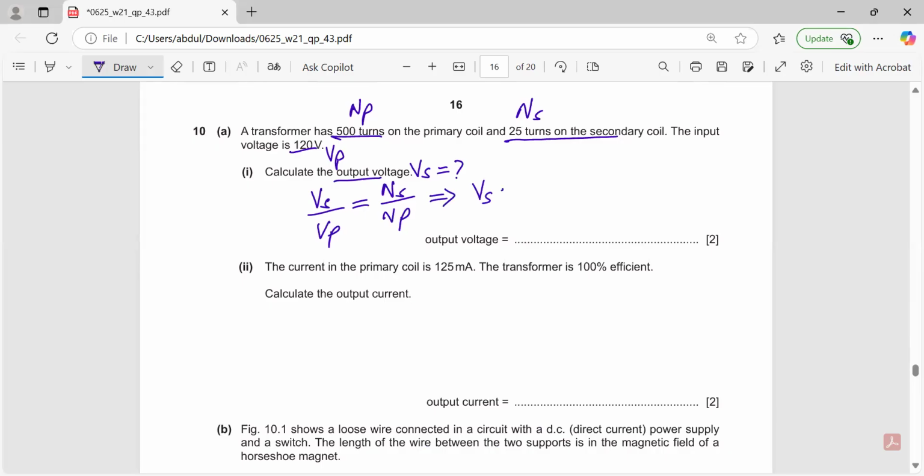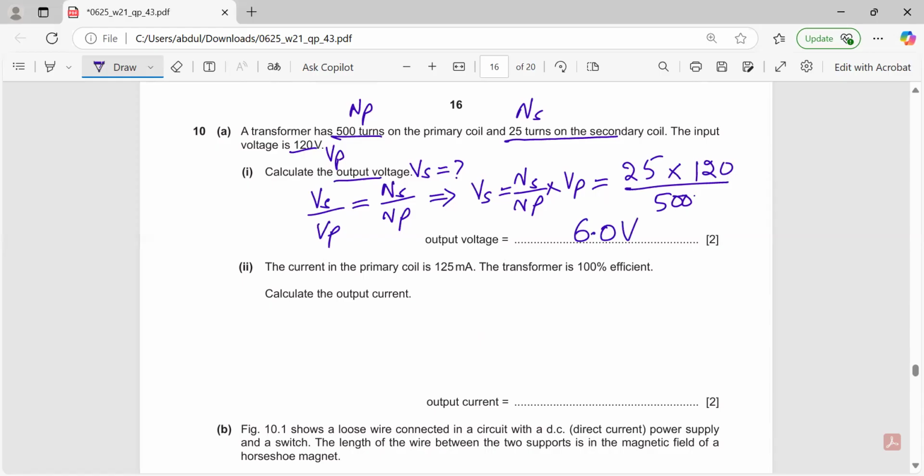Making Vs the subject, Vs equals Ns over Np times Vp. All the values are with us. Ns is 25, voltage across primary is 120, and number of turns on primary is 500. As we simplify this, the answer comes to be 6 volts.